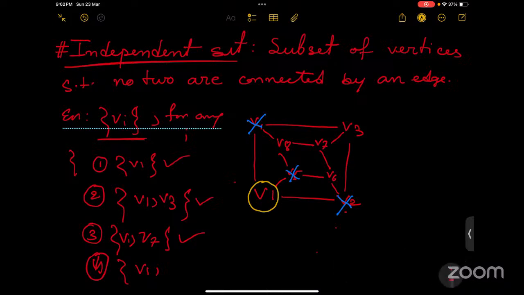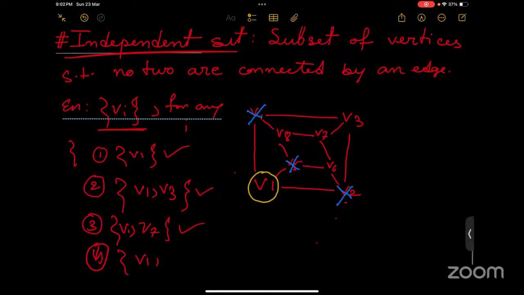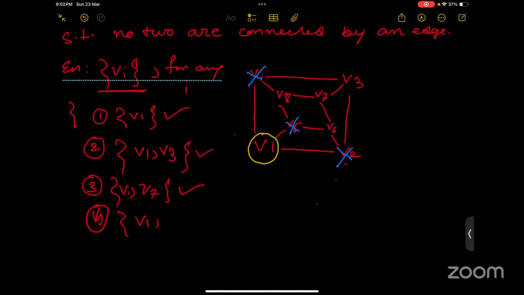They are not directly connected with V1. But V8 is connected to V7. Yes, but we don't have V7 in our set right now, we have only V1. If I take V8, then we cannot take V7, so we exclude V7.